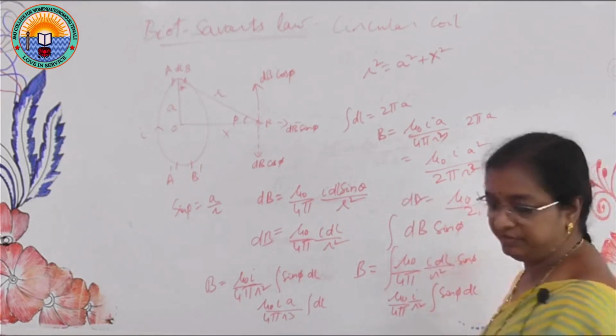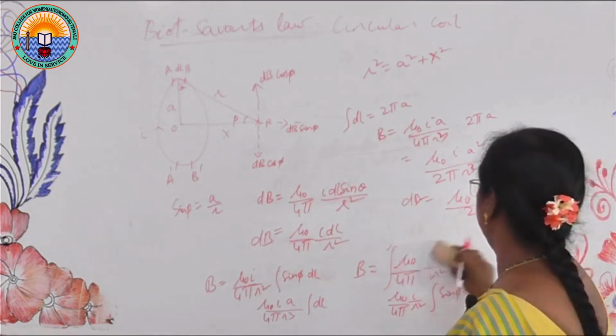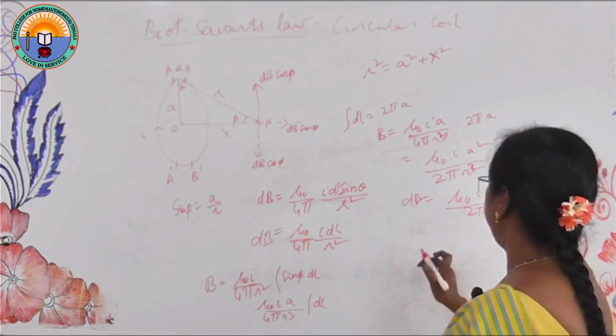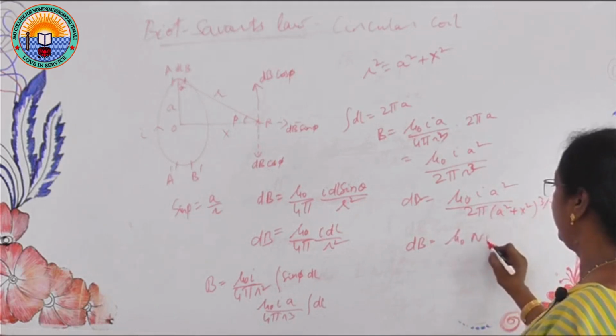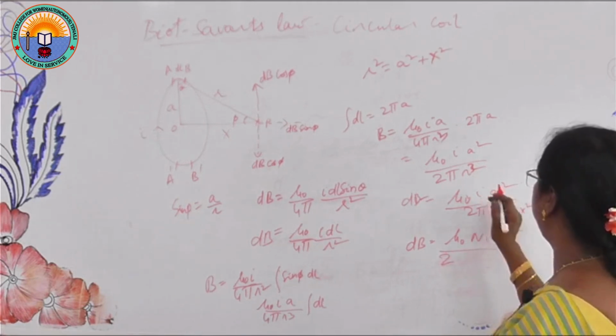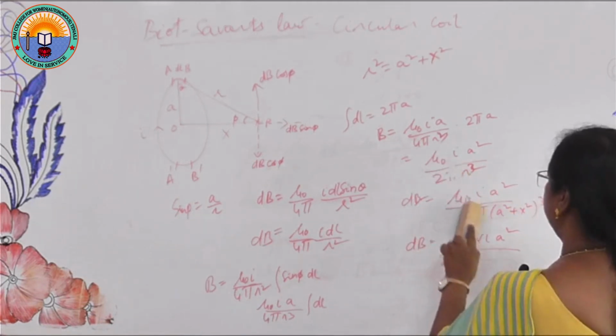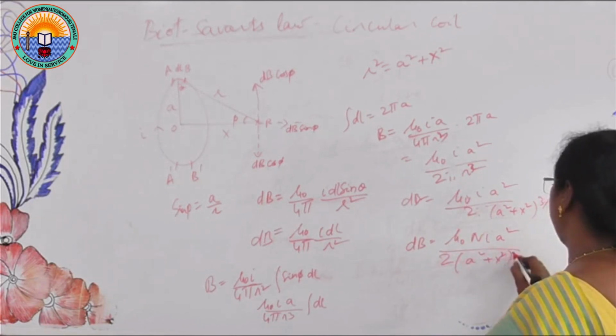Similarly, if there are N turns in the coil, this equation can be modified as B is equal to mu naught N I a square by 2 into a square plus x square whole power 3 by 2.